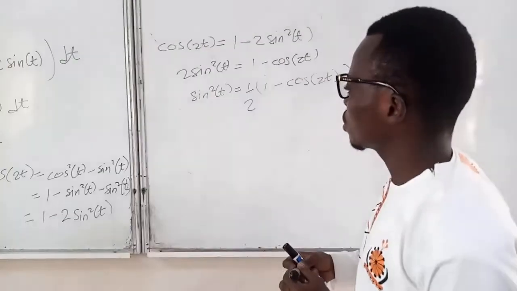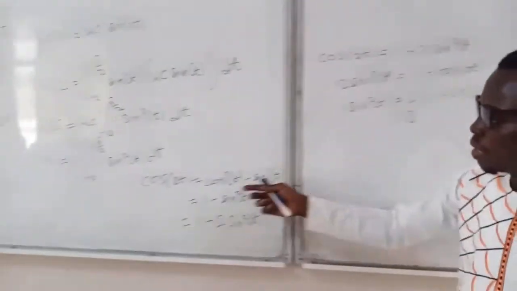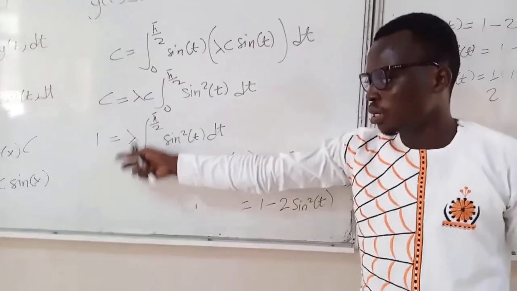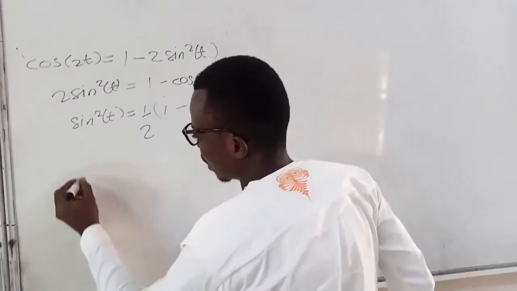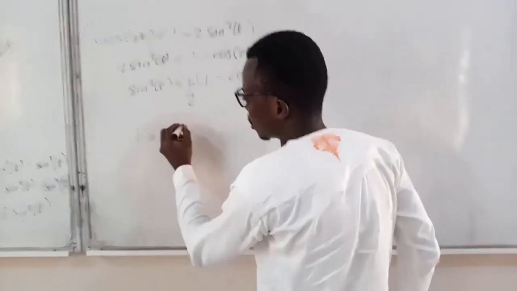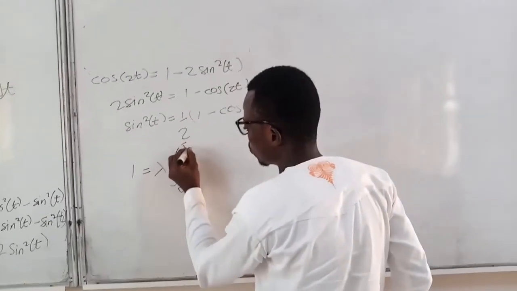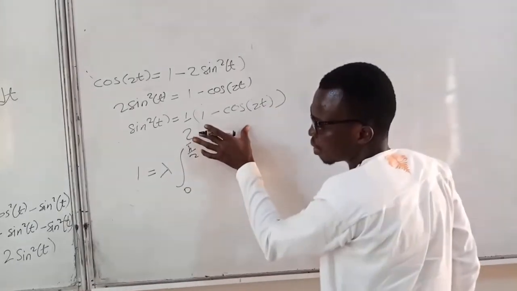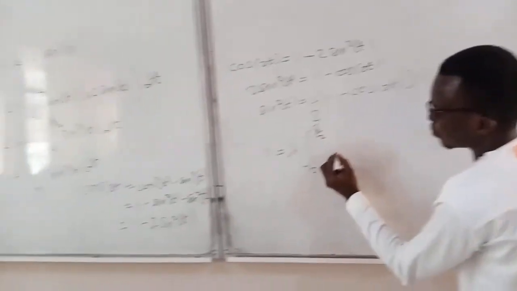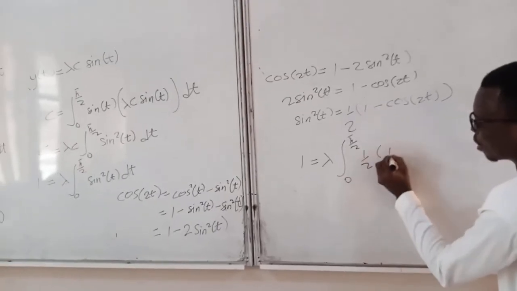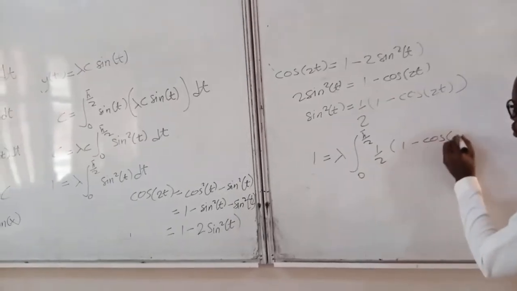Now let's substitute this sine squared t into this integral, and let's solve for our lambda, which is the eigenvalue. So 1 is equal to lambda times the integral from 0 to pi on 2, then half of 1 minus cos 2t dt.